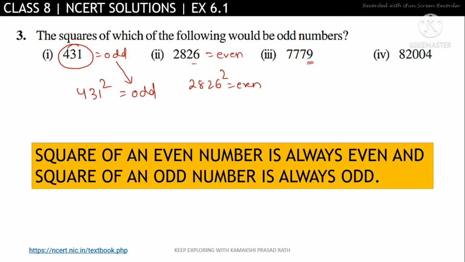Third one, it is an odd number, hence you can say the square of 7079 is also odd. And the last one is an even number, so its square will also be even. So the squares of which of the following? Only 431 and 7079.